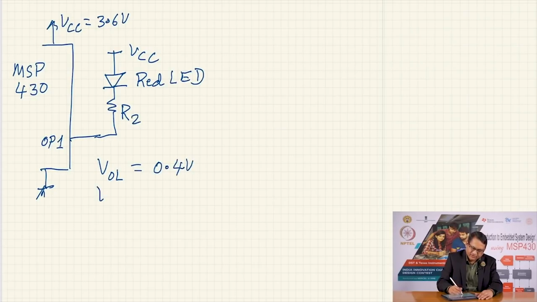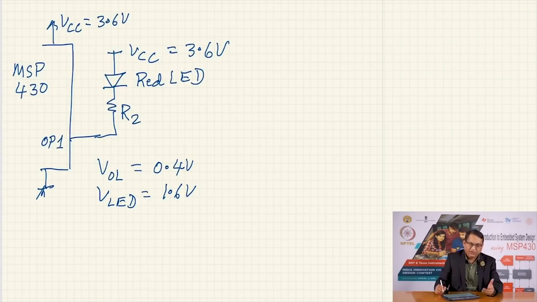We will still assume that VLED for this red LED is 1.6 volts. My VCC is here 3.6 volts, and we want to estimate the value of R2 from the current that we desire through the LED. Let us say the current we want is also 5 milliamperes.